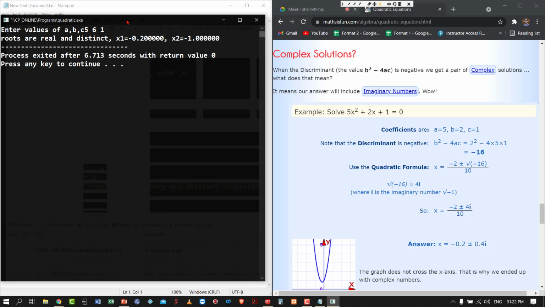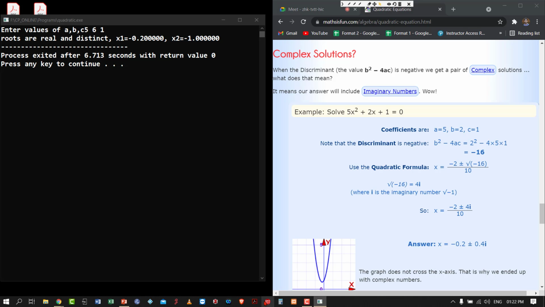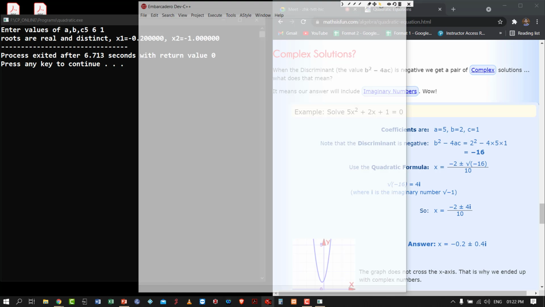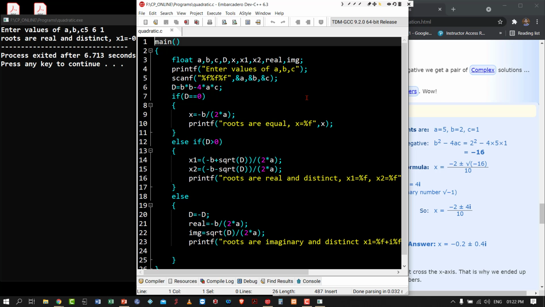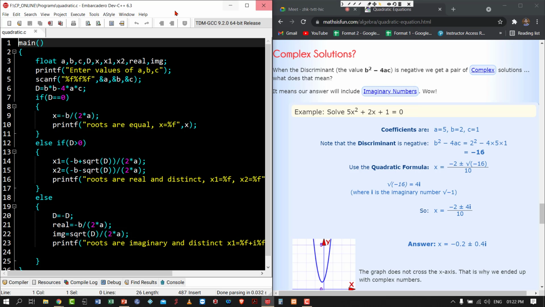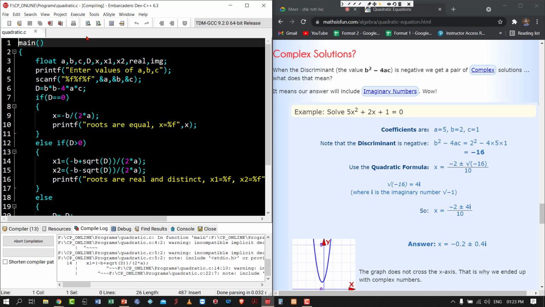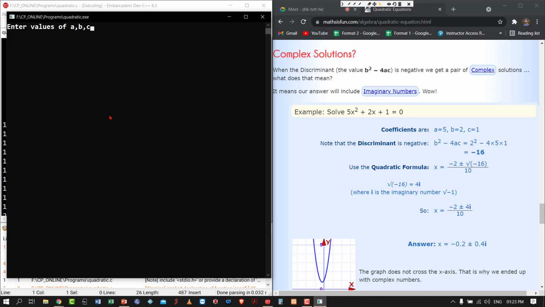Sorry, I closed the program. Here the values are 5, 2 and 1.